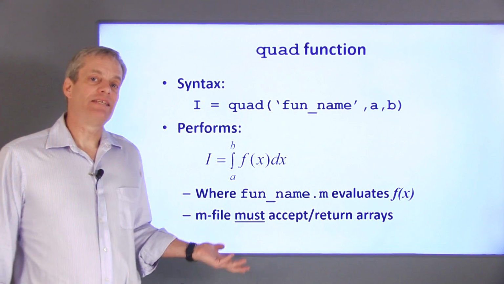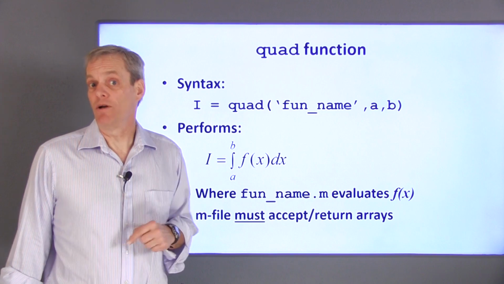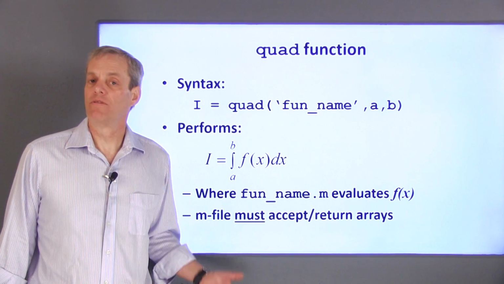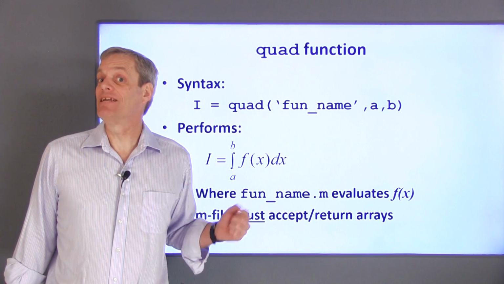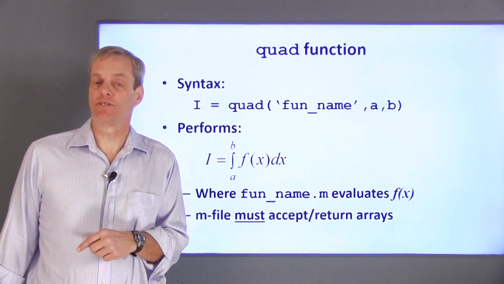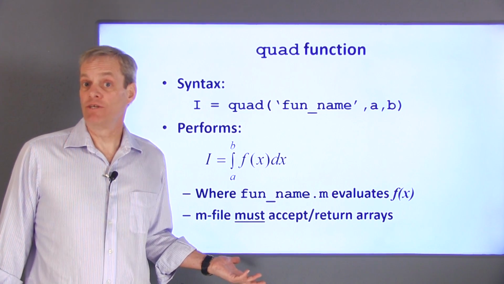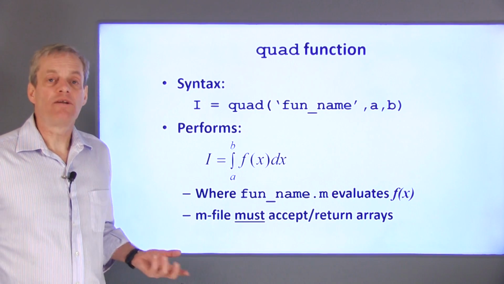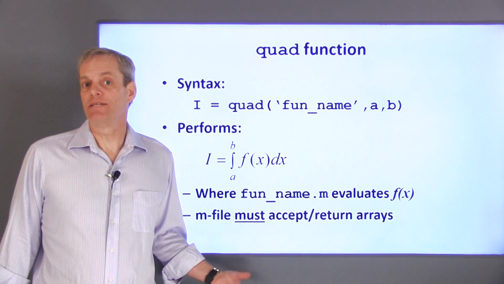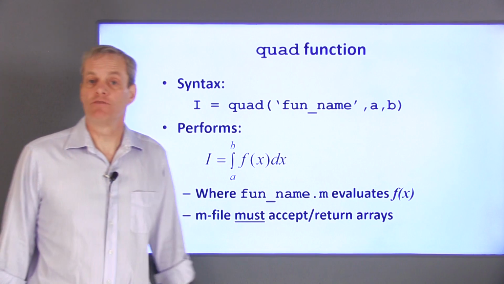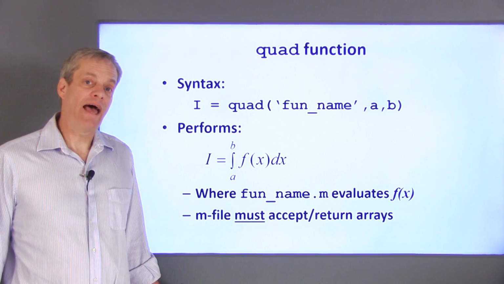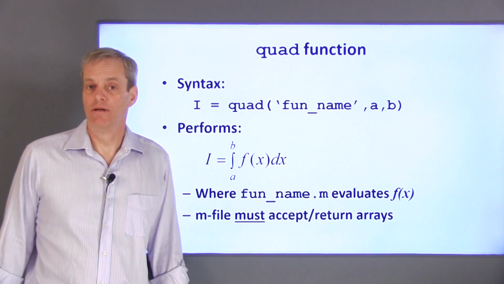Quad then creates another set of x values with a smaller spacing and uses those to perform the same integration. The two results are compared, and if the difference between them is above a certain tolerance, the spacing is reduced again and the integral is recalculated. Quad and quadL will keep reducing the spacing and redoing the integral until the difference between solutions is below some threshold value. Once that happens, they return the result.